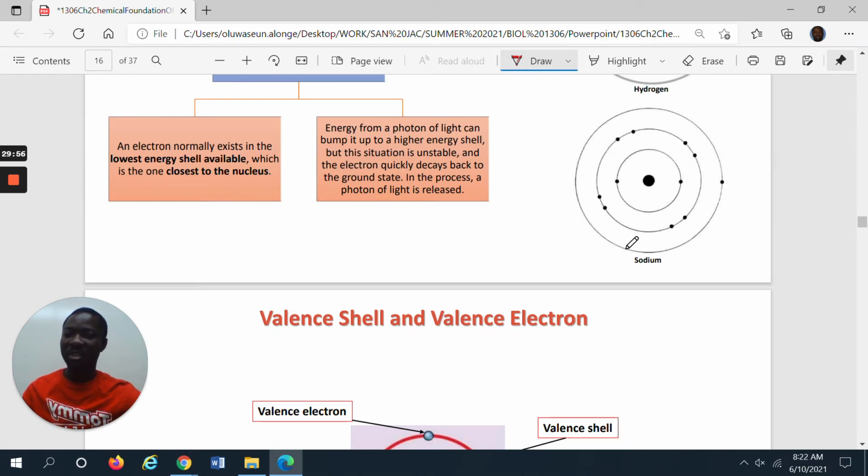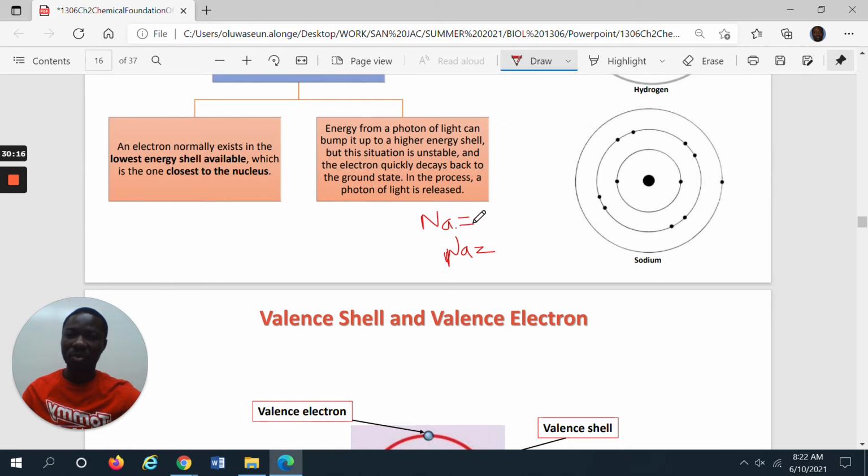If I want to write the electronic configuration to make it easy for me, look at it. Sodium is Na.